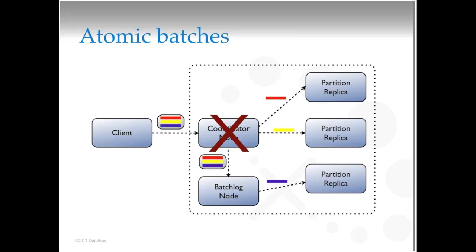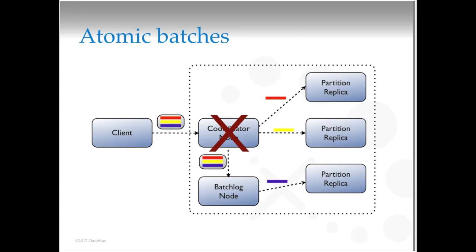So if you're 100% certain that it's okay if you get partial batch completion, or for whatever reason you're okay with that, then you do have the option to fall back to the old behavior and get that slight performance edge. But in the general case, we think it's more important to do the right thing by default, the safe thing by default. So we made atomic behavior the default in CQL.